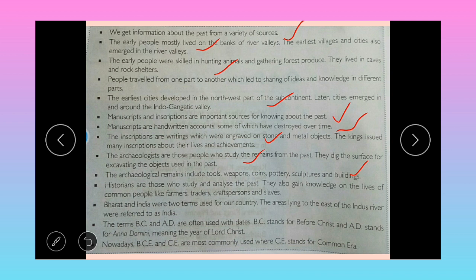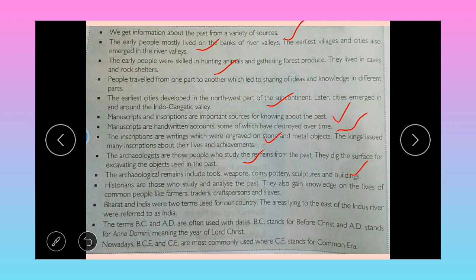Whatever remains of the past people get in excavation, like old coins, old potteries, old clothes, traces of grains or food, all these things are called archaeological resources.